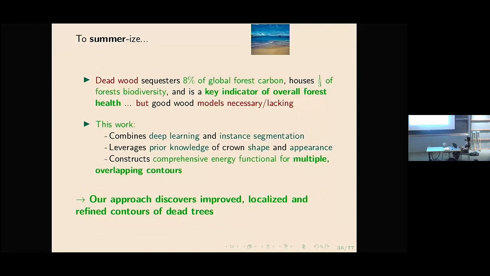So to summarize, deadwood is an important component of the carbon cycle in general and forest ecosystems in particular, with direct implications for mitigating climate change.